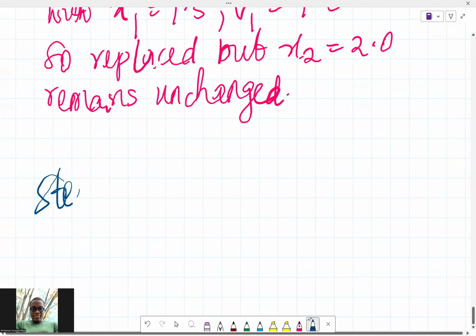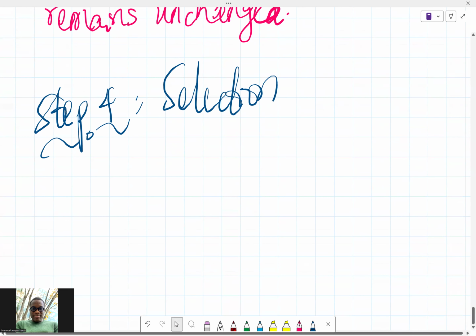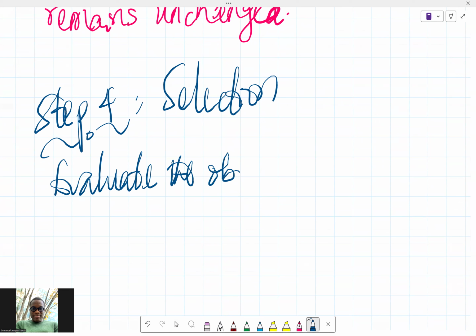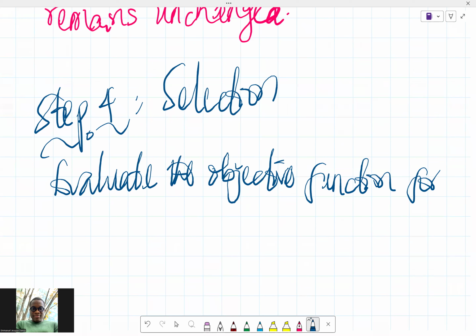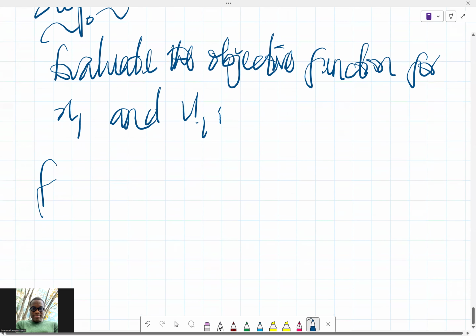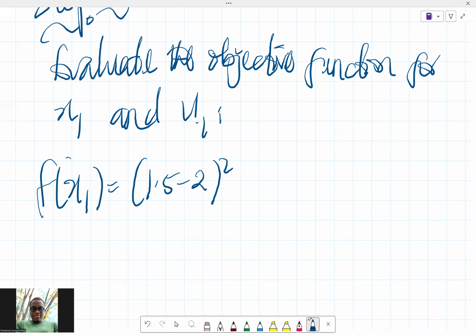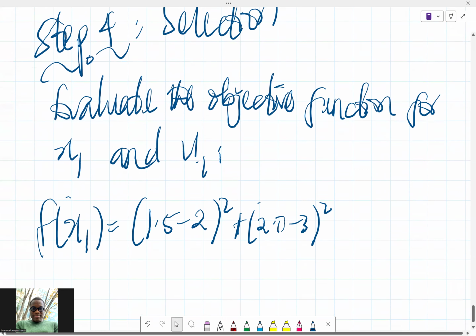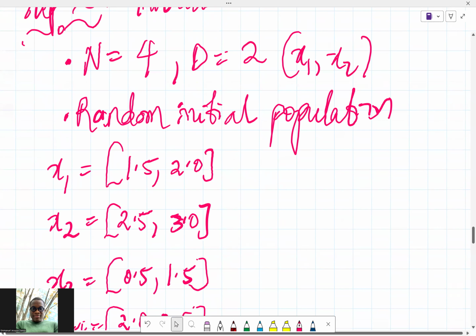Step 4, that is selection. So we evaluate the objective function for x1 and u1, such that we now have f of x1 equals 1.5 minus 2 squared plus 2.0 minus 3 squared, because our x1 is 1.5 and 2.0.